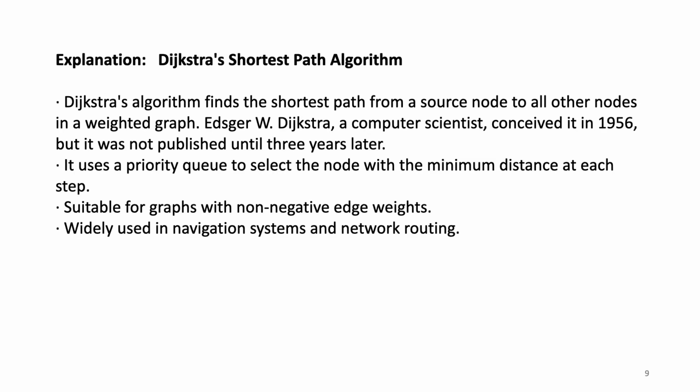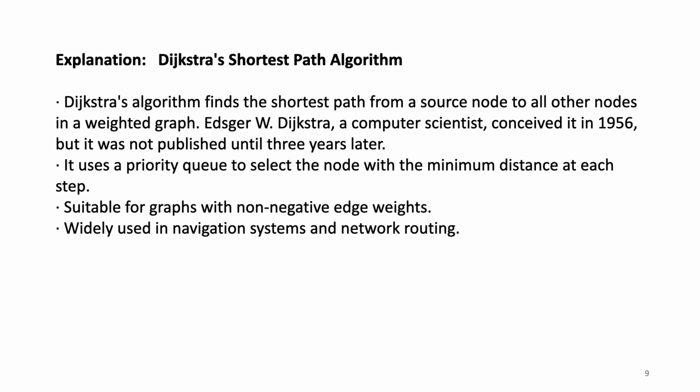Edsger W. Dijkstra was a computer scientist who conceived what's called Dijkstra's shortest path algorithm, from one source node to all the other nodes in a weighted graph, such as the routing between two cities for airlines that we discussed previously.